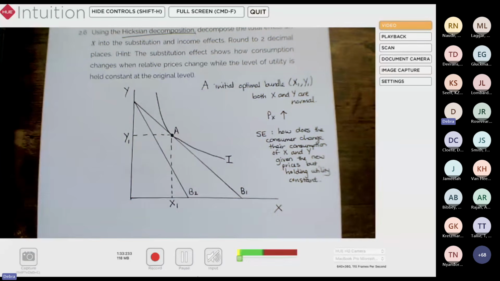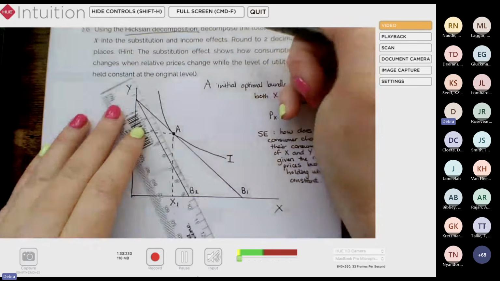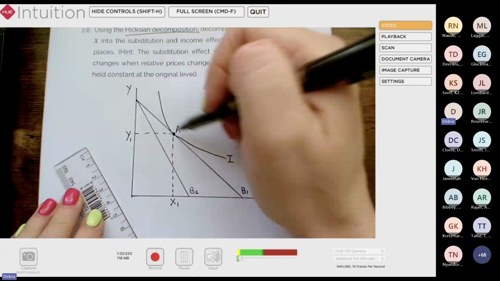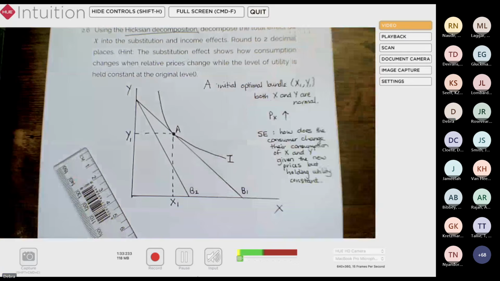So the substitution effect tells us if we could still achieve the same level of utility, so if we could still stay on this indifference curve, how would we choose to consume X and Y? Because the prices of X and Y have changed.